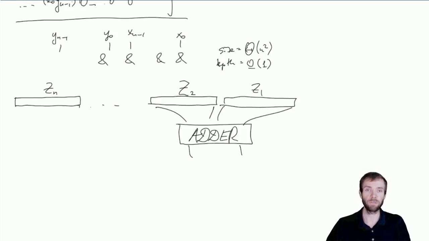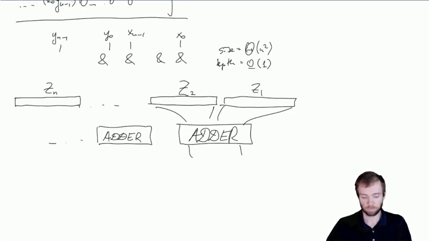Then we take z3 plus z4, so we join our numbers in pairs, and we compute sums within all these pairs with adders. After this layer of adders, we have n/2 numbers, well, the ceiling of that. I will not write down ceiling or floor functions because they do not really influence the asymptotics of size or depth of our circuits here.